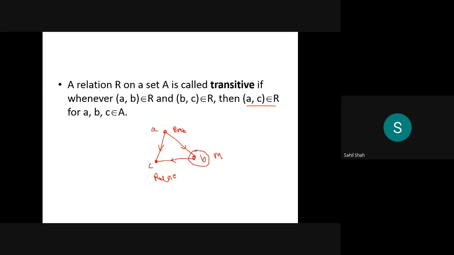Yes. Earlier, we used to have buses from Baramati to Pune via Morgaon. Buses were stopping at Morgaon. Now we have non-stop buses going from Baramati to Pune directly. This is because of transitivity. A relation is said to be transitive if we have A comma B, B comma C, as well as A comma C present in relation R.